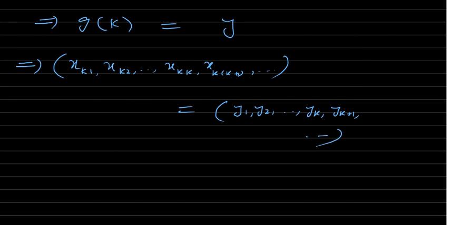Now these two infinite tuples are equal. It means that x k k must be equal to y k. But by definition y k is 0 if x k k is 1, and y k is 1 if x k k is 0. So which is a contradiction, by the definition of y k.